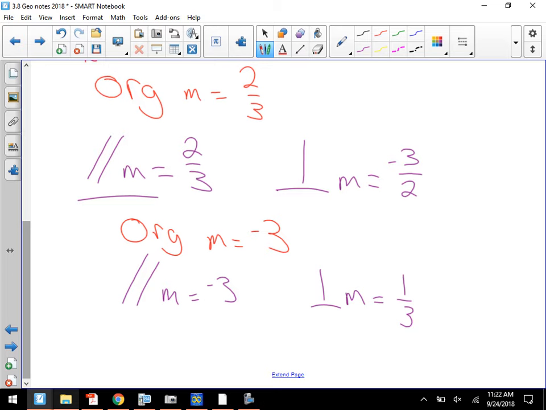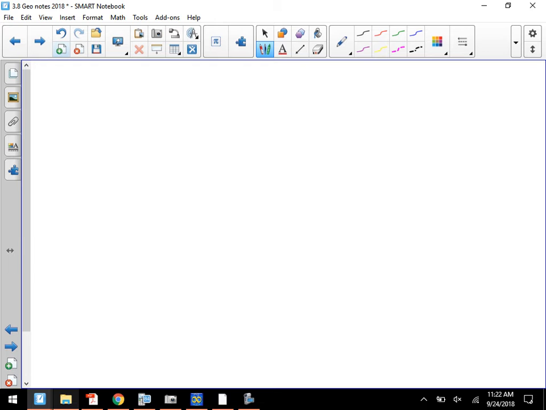Also goes in line with this as well. Remember when we did horizontal and vertical lines last week? Talked about those a lot. When we talked about horizontal lines, what was the slope of every horizontal line? 0. Slope of every horizontal line was 0. What's the slope of every vertical? That's your undefined. Okay. 0 and undefined are opposite reciprocals.